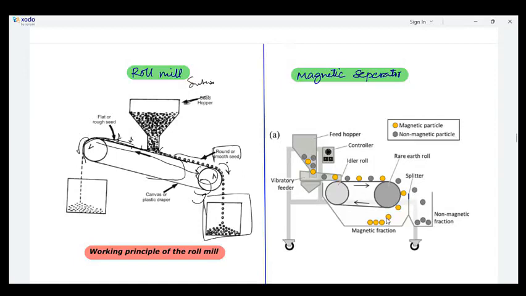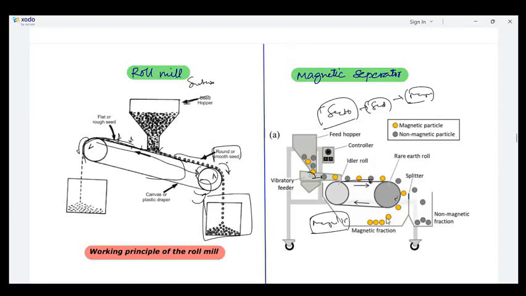The magnetic separator is also very simple. In the feed hopper they will include certain materials which have magnetic property. Once it is in the drum, everything circulates or rotates and is intermixed with the seeds. Only those seeds that are rough, based on surface texture, will attach the magnetic substance to them. Once they are attached, based on the magnetic field that is applied here, they will be separated.